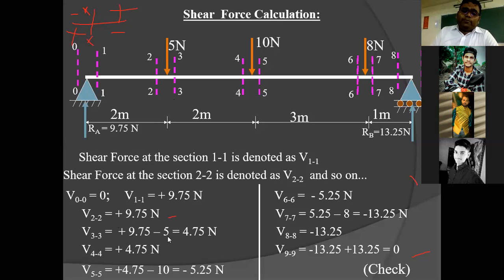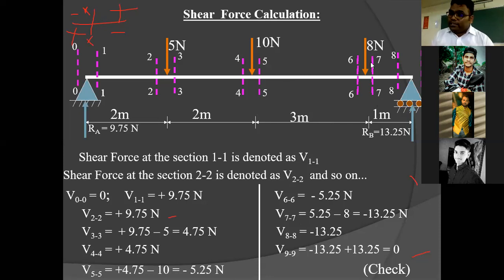Then 9.75 minus 5 is 4.75, and come here to 4 4, no force in between 3 3 and 4 4, so 4 4 also has the same value, V33. Now come to V55, yes, 10 is there, so consider this 10, and it will come to simply -5.25. Then come to 6 6, it will have no load, so it will be the same as V55 at V66.